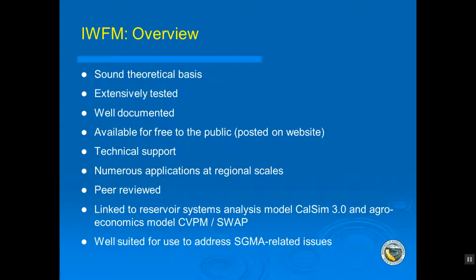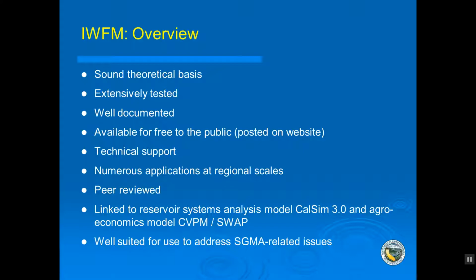It's peer-reviewed at multiple levels. In 2013, there was a peer review process that looked mainly at C2VSim, the application. They compared it to CVHM and also HydroGeoSphere from Canada.